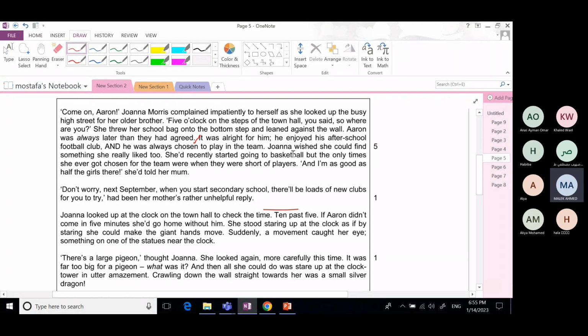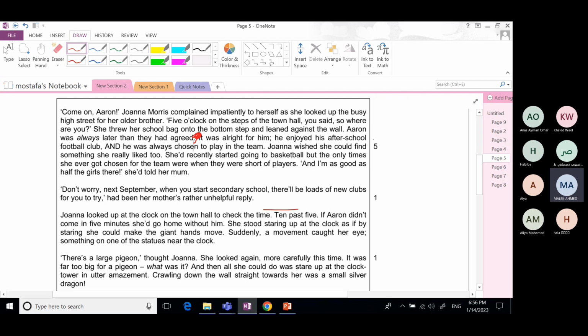Something on one of the statues near the clock. There is a large pigeon. Malik, which line are you on? I got distracted. We are still in the first paragraph, in the middle. Okay.